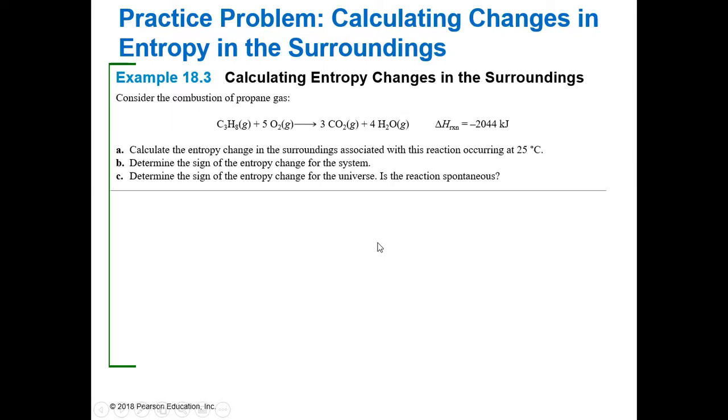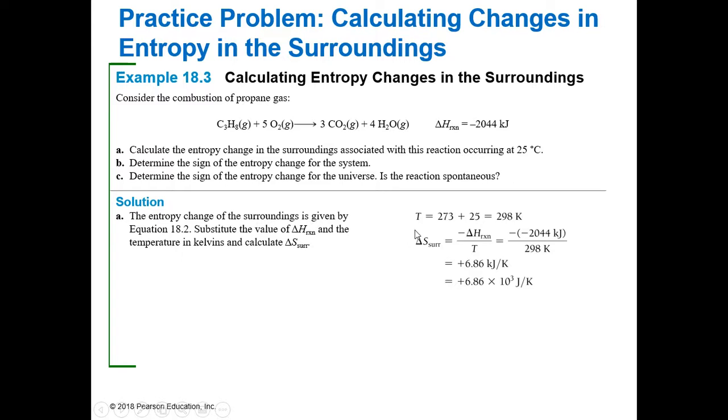So we can take our temperature. We need to change that to Kelvin. So 273 plus 25 is 298 Kelvin. We can plug it in our equation. So delta S of our surroundings equals negative, right? Because we're looking for our surroundings. So it's negative delta H of our reaction, or delta H of our system.